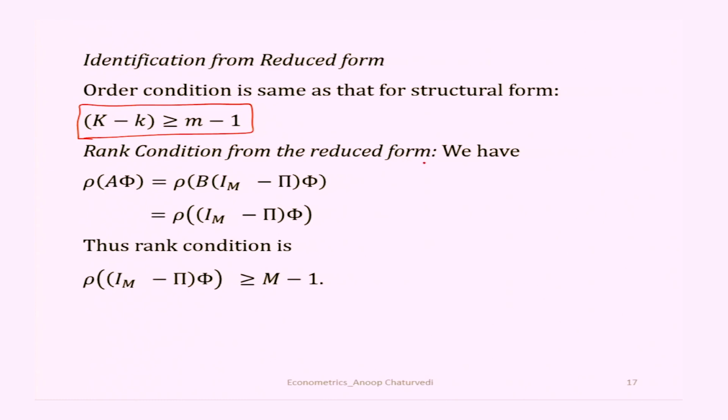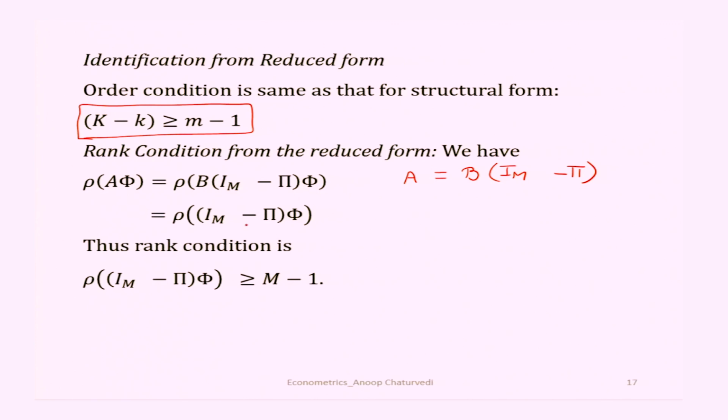Now, the rank condition for the reduced form: we can write rank of A phi equal to, we write A equal to B, then you have I m minus pi. So, rank of A phi equal to rank of B I m minus pi phi, and this is equal to, because B is a non-singular matrix, the rank of I m minus pi phi.